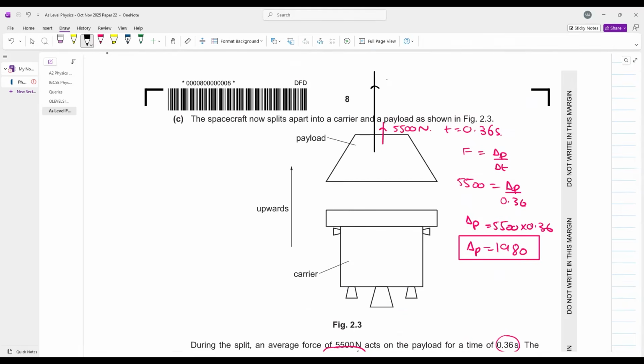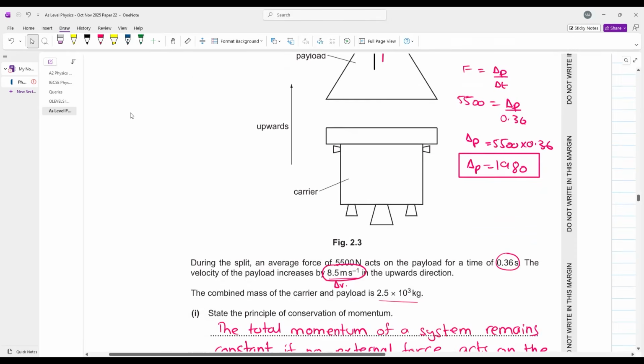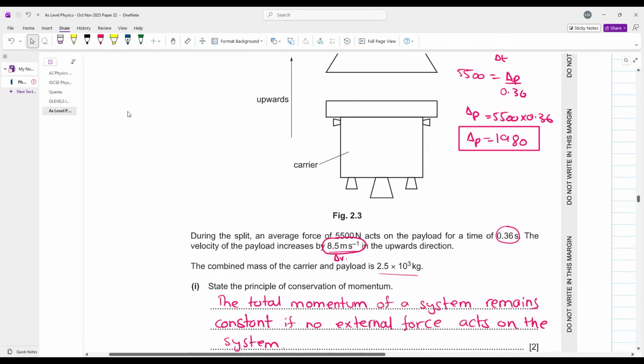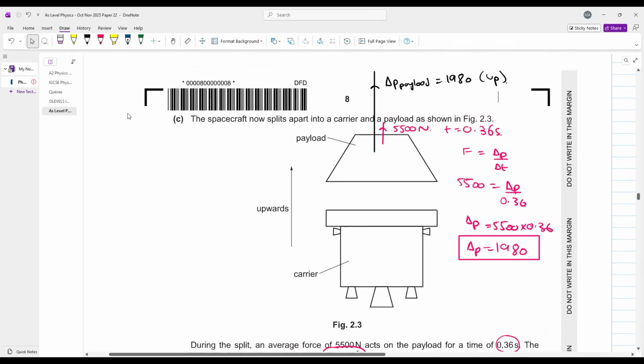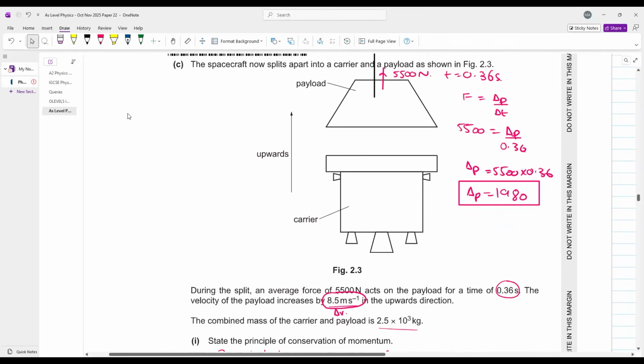The payload has a change in momentum of 1980 in the upward direction.